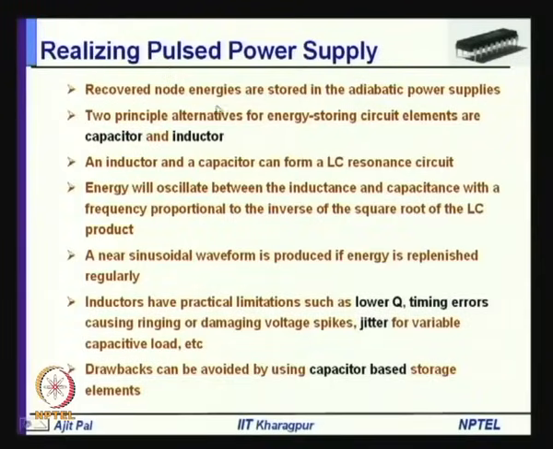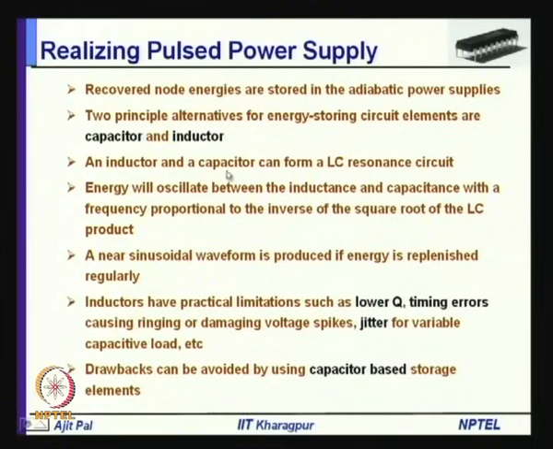As you know, you have to use some energy storing device in the pulse supply, and typically in electrical circuits you can use either a capacitor to hold charge, or you can use an inductor. So, either an inductor or a capacitor can be used for storing energy, and another alternative is to use both.